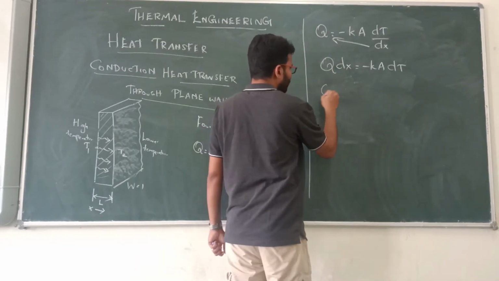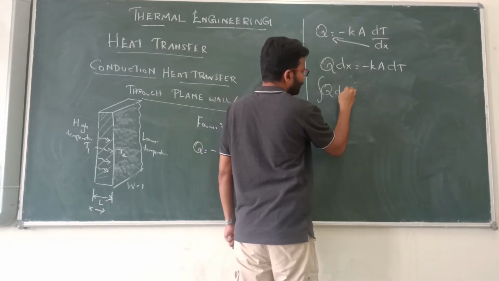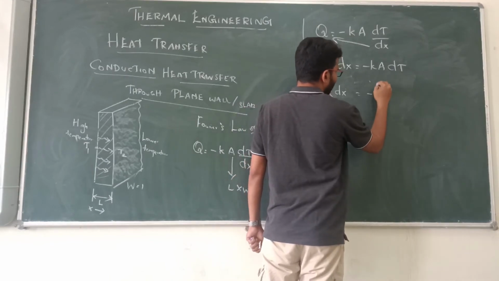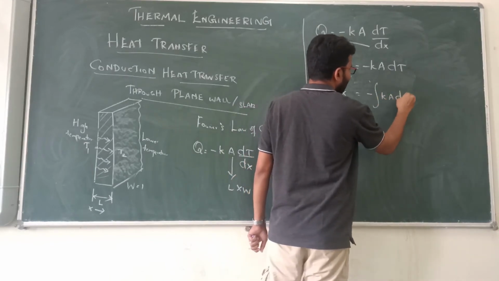Now we integrate this: the integration of Q dx is equal to minus the integration of KA dT.